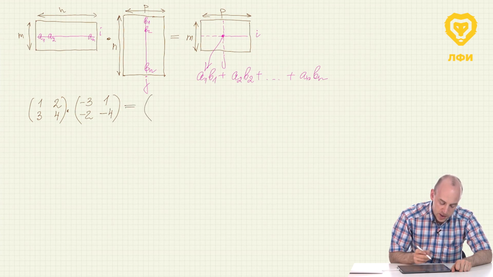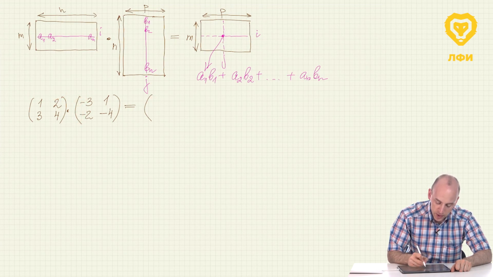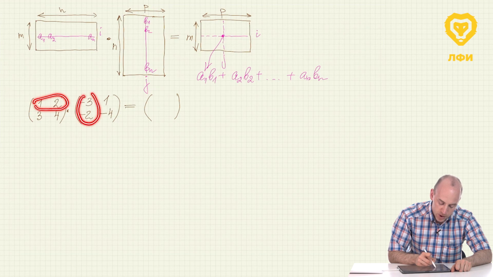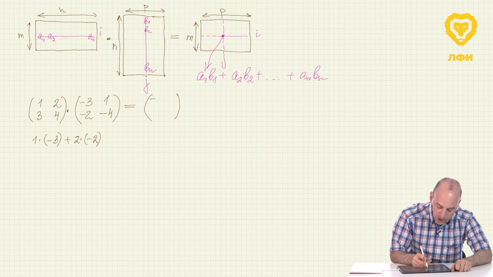First we can see that this dimension coincides with this one, therefore we can multiply the matrices. To get the element in the upper left corner, we need to multiply the first row by the first column. This multiplication yields 1 times -3 plus 2 times -2, and therefore we get -7.